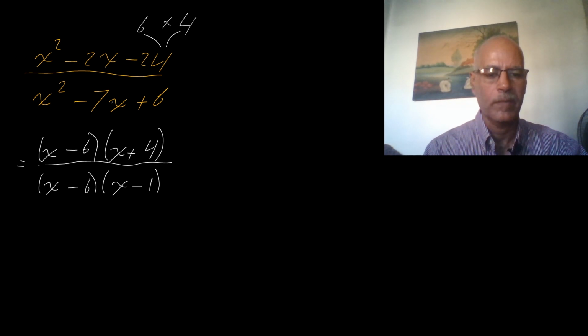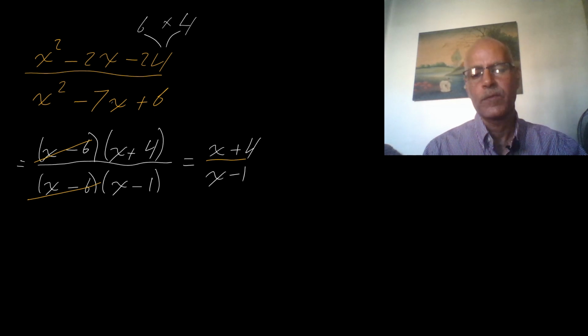Negative 6x, negative x gives negative 7x. It's equal. Cancel. X minus 6 with x minus 6. It would be equal x plus 4 over x minus 1.